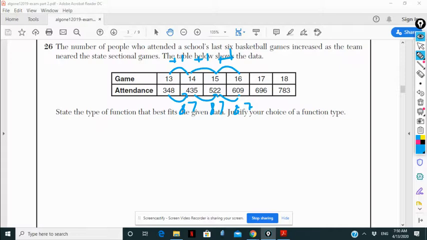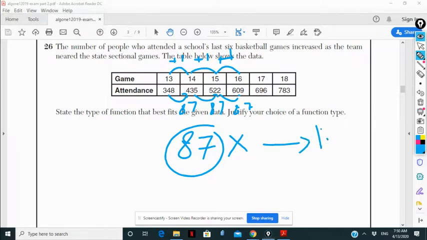So it has a constant rate of change, which is 87. Okay, it's a constant rate of change, so that's linear. Why? It has a constant rate of change.